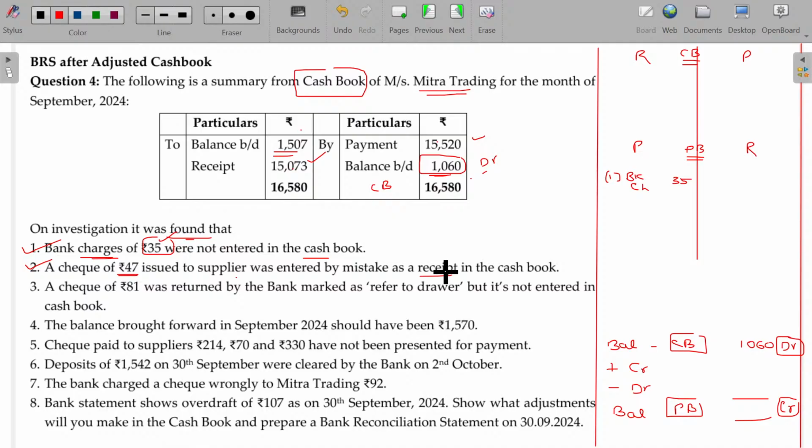How will this have an impact? Guess the posting first, how this could be posted in the cash book and passbook. Then thereafter you can guess. Just similar to the rectification of errors like before.